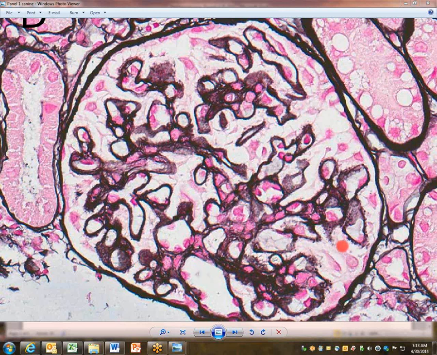A capillary loop would exhibit that, and this one here would be. What do you think about the general thickness of the GBM on the silver stain here? I wasn't overly impressed by the thickness of the basement membrane. It might be multifocally thickened, but I had a little bit of trouble with that.